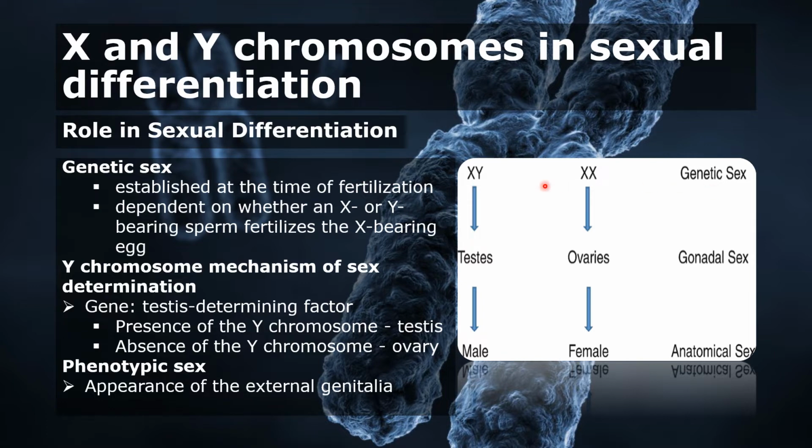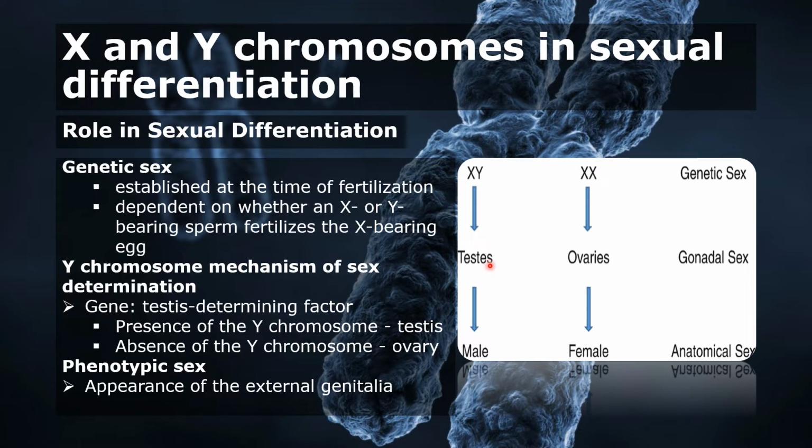It is established at the time of fertilization and is dependent on whether an X or Y bearing sperm fertilizes the X bearing egg. Okay, so the type of gonads that develop is determined by the sex chromosome complement. If XX, ovaries; if XY, you have the testes.